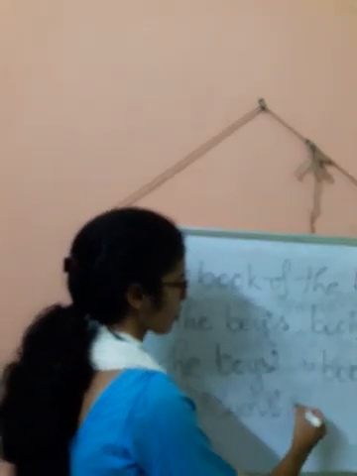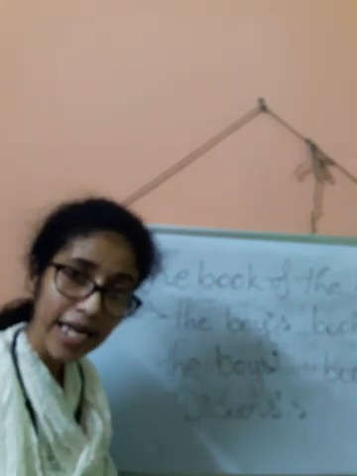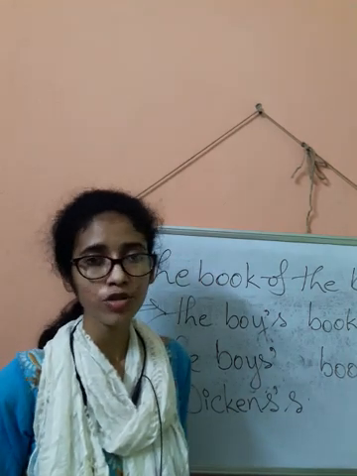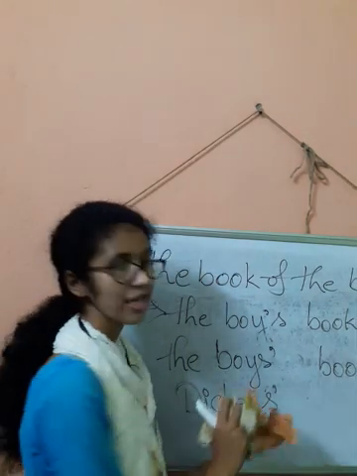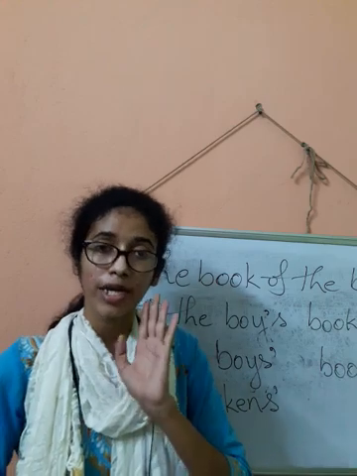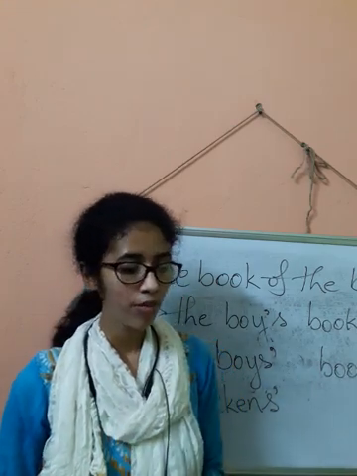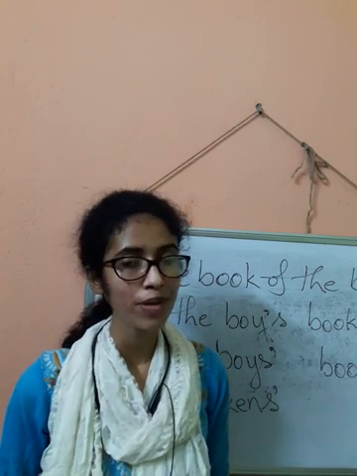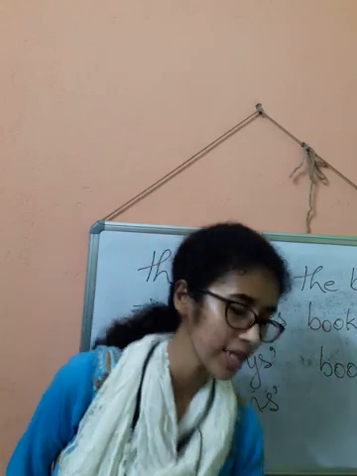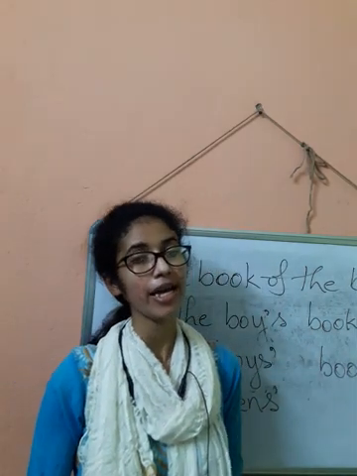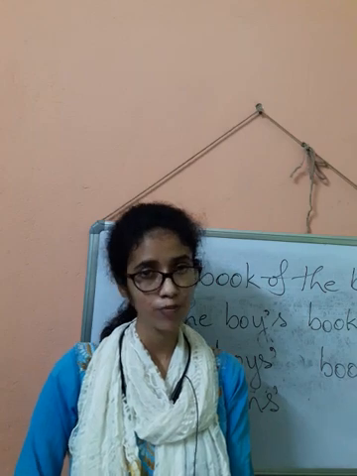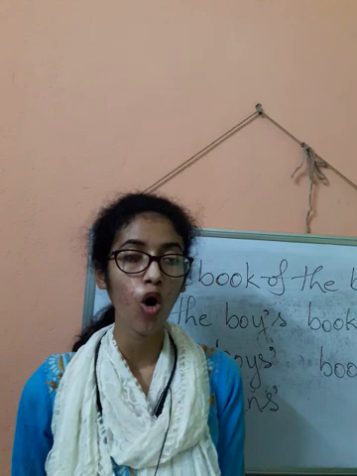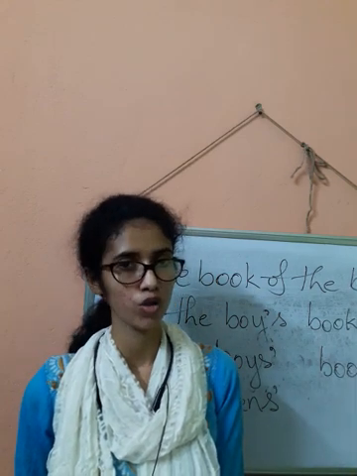Can we use apostrophe s here? Yes, we can use. But we may not use also. Here also we may use only apostrophe. That doesn't matter. When the noun is in singular form and it has s at the end, we can go for both apostrophe and apostrophe s. But when the noun is taking an s at the end because it is in plural form, we can never take apostrophe s. Only apostrophe is allowed.